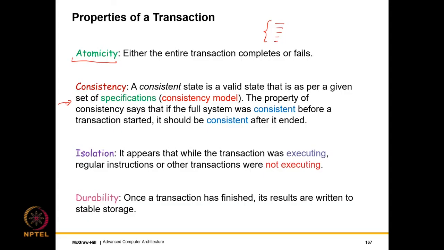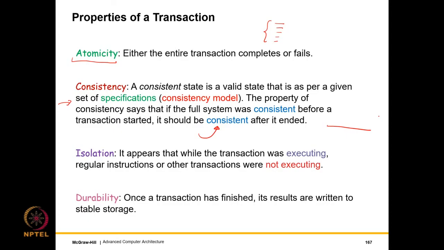The property of consistency in this case says that if the full system was consistent before a transaction started, it will also remain consistent after it ended. Which basically means that if the configuration of the entire system satisfied some property before a certain transaction started, when the transaction ends, it will still continue to satisfy the same property.